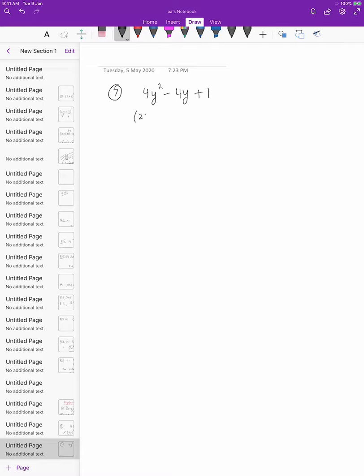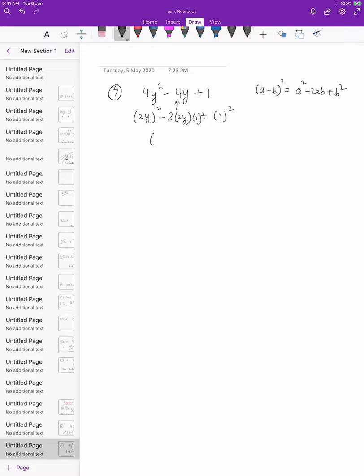The first term can be written as 2y whole square, 1 can always be written as 1 square, and the middle term, there is a minus sign, minus 2 into what is your a, that is 2y, what is your b, that is 1. Are we getting 4y after multiplying this? Yes. It means it is exactly following the pattern of a minus b whole square, which is a square minus 2ab plus b square.